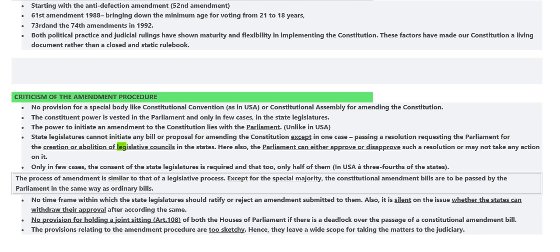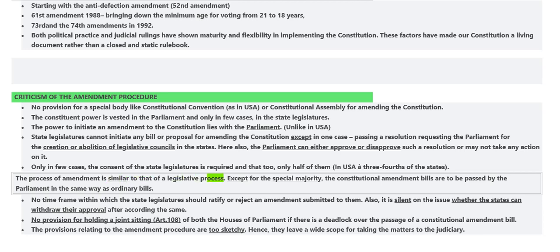Unlike in USA, state legislatures cannot initiate any bill or proposal for amending the Constitution except in one case, passing a resolution requesting the Parliament for the creation or abolition of legislative councils in the states. Here also, the Parliament can either approve or disapprove such a resolution or may not take any action on it.